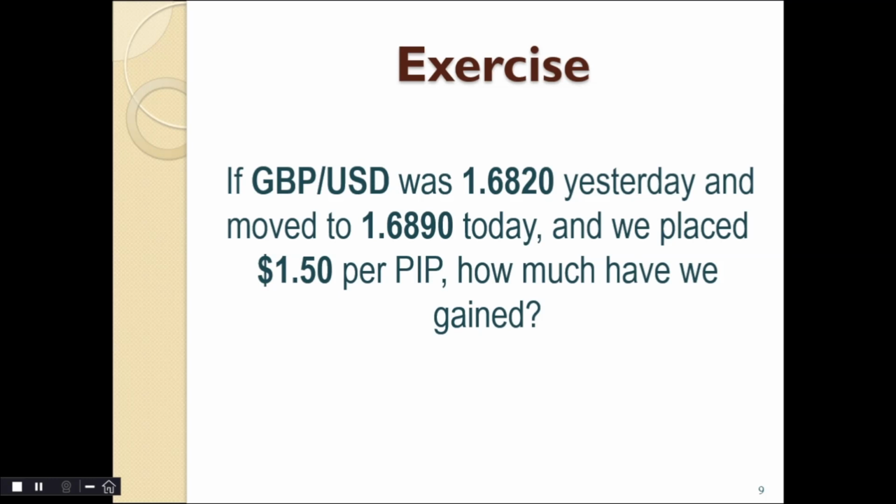You have to first determine if the movement is upward or downward. 1.6820 is smaller than 1.6890, so the movement was upward. The difference between these two prices gives you the change in movement, which is the pip. So how much have we gained? You take that difference and multiply by 1.5 to get the total gain in dollars.